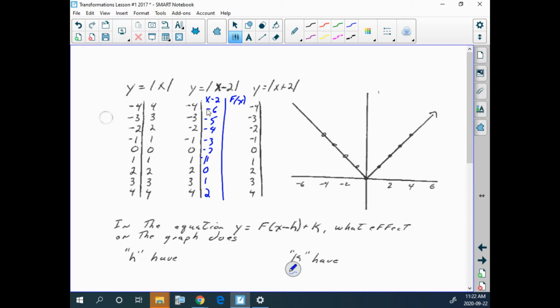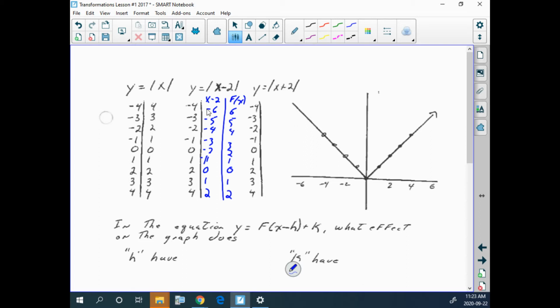So I've done my table of values a little bit differently because we're going to take the value of x, subtract 2 from it, and then plug that into the absolute value. So we have 6, 5, 4, 3, 2, 1, 0, 1, 2.